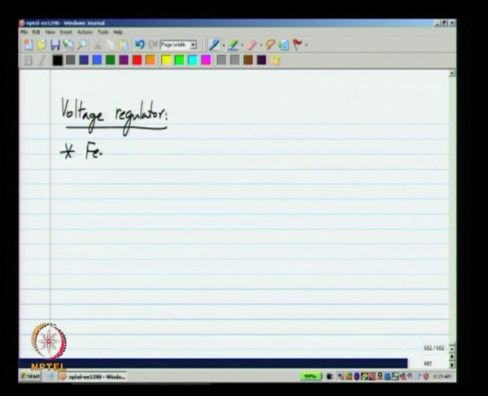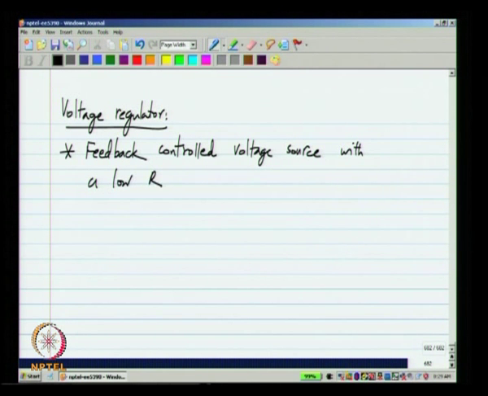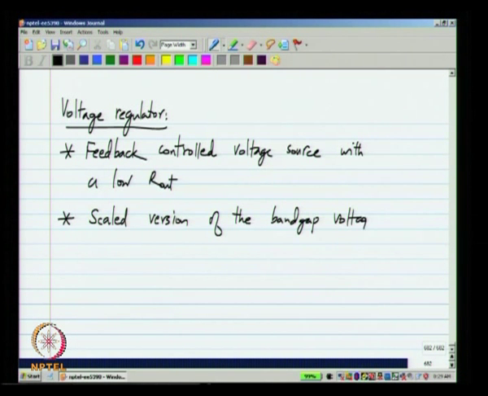It is basically a feedback controlled voltage source with a low output resistance, and it basically will be some scaled version of the band gap voltage.